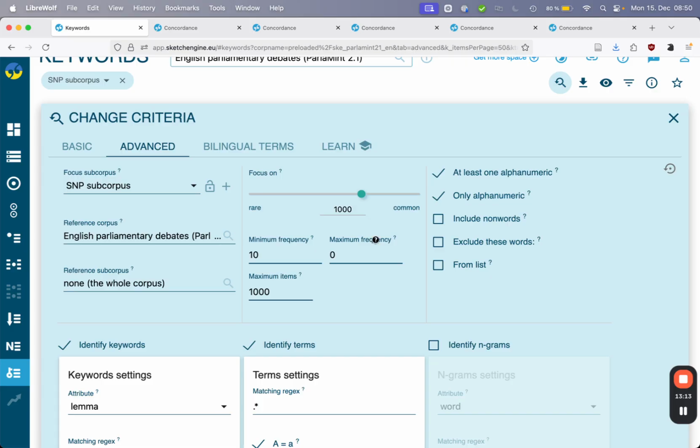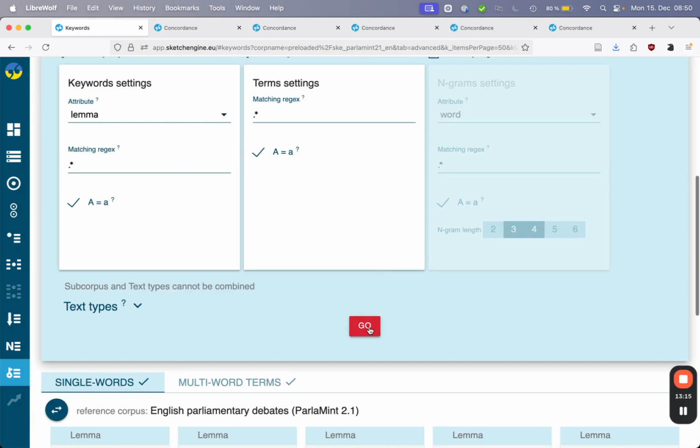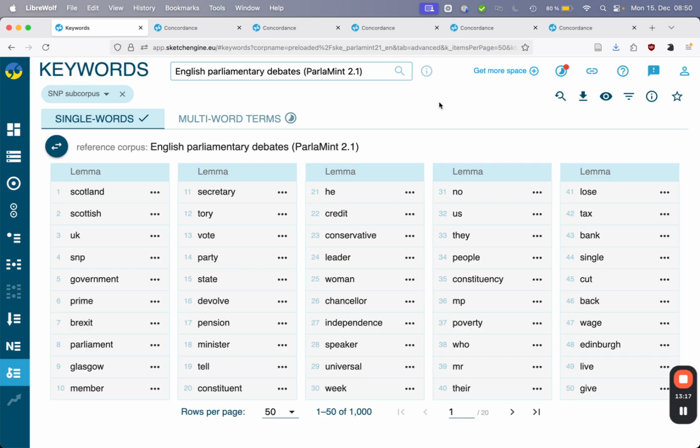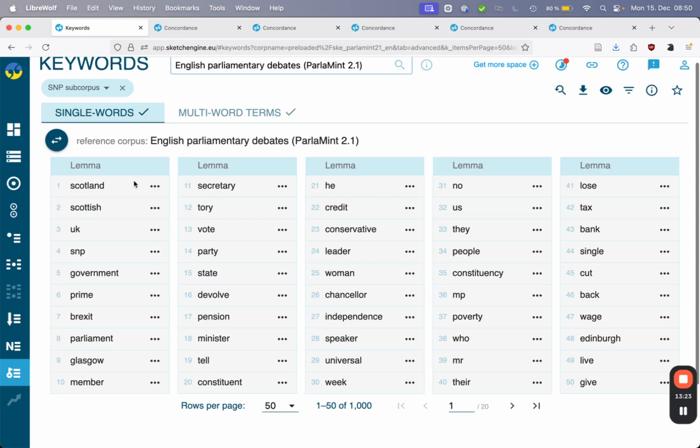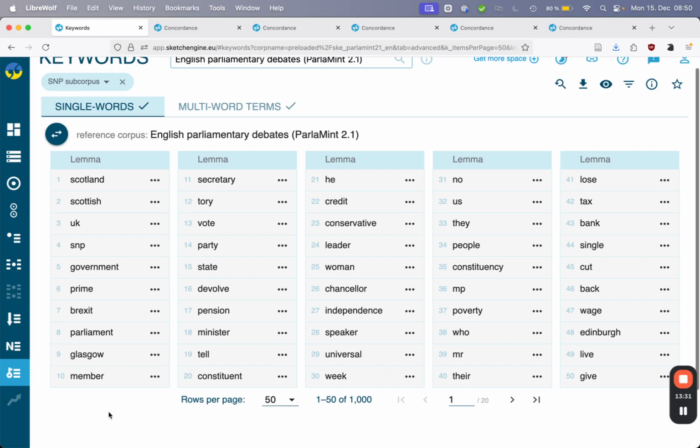If you go for very common words, then you might find that this is really not very helpful to learn about the discourse of this particular subcorpus. So now we have Scotland, Scottish, UK, SNP, government. This is very, very broad. But might still be worth looking into.